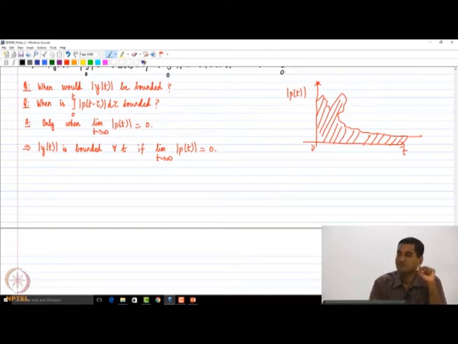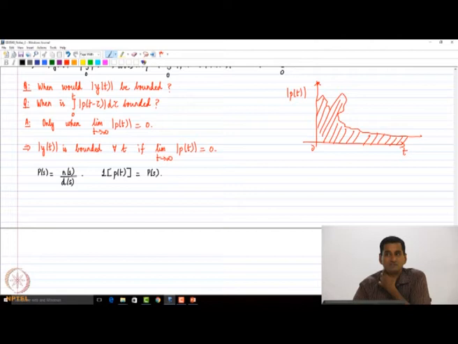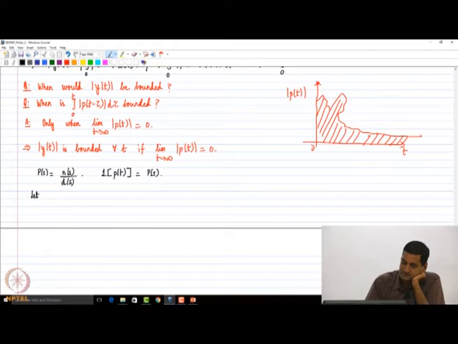Now let's go further. We already know that P(s) is equal to N(s) divided by D(s). This is the plant transfer function. And the Laplace transform of p(t) is equal to P(s). This is also something we know. So let there be k distinct poles of P(s).